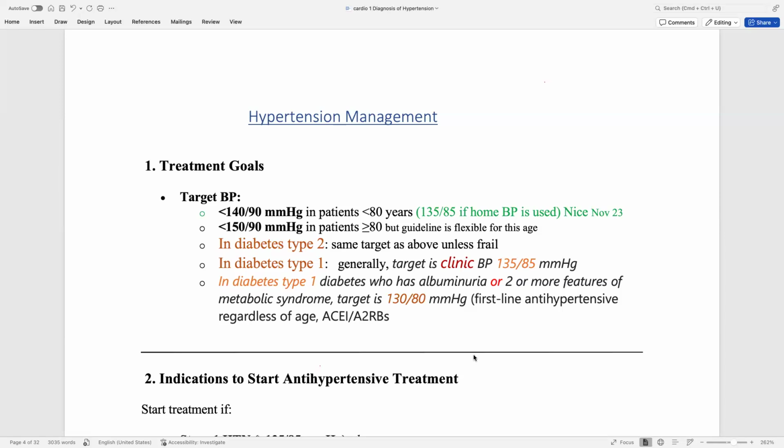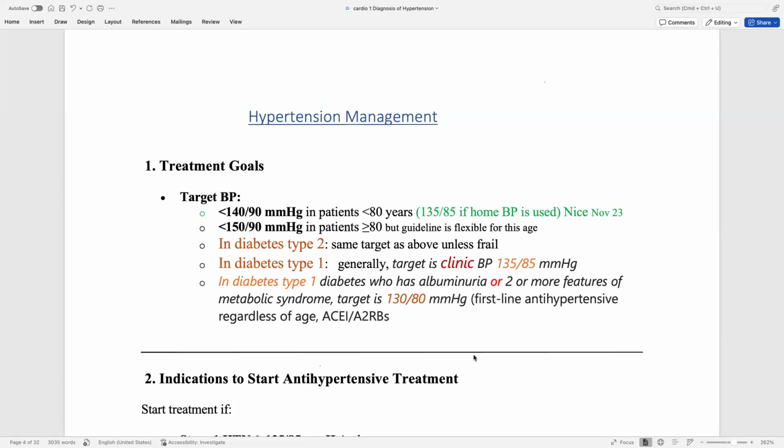This is in a known patient with known hypertension, we already diagnosed, now we are treating. In the clinic the target is below 140/90, at home below 135/85, if he is below 80.